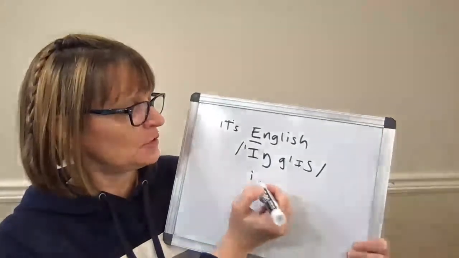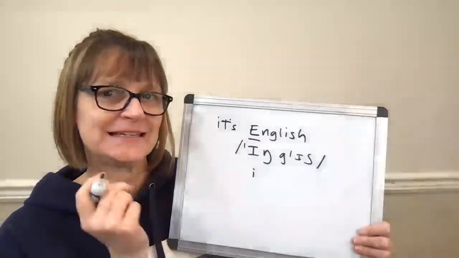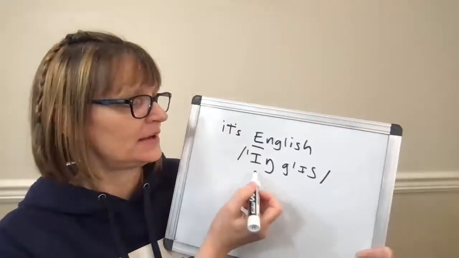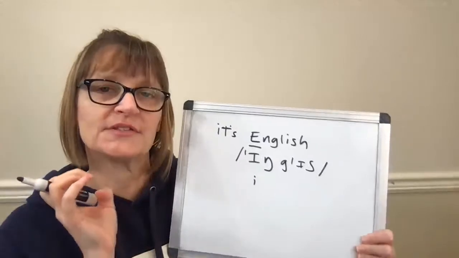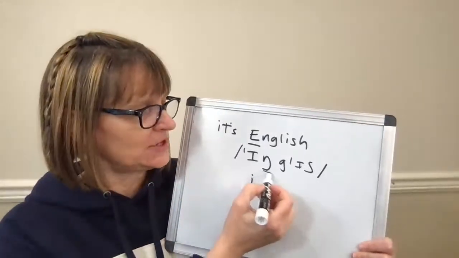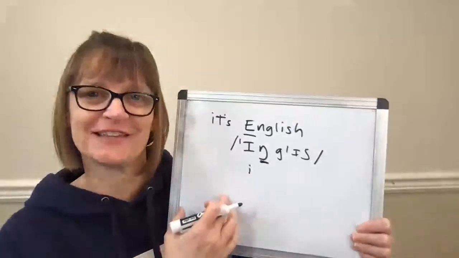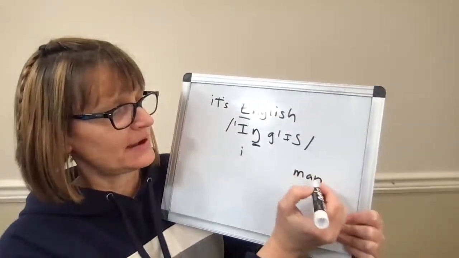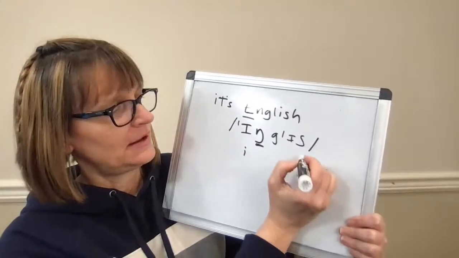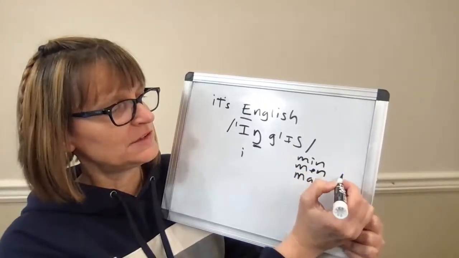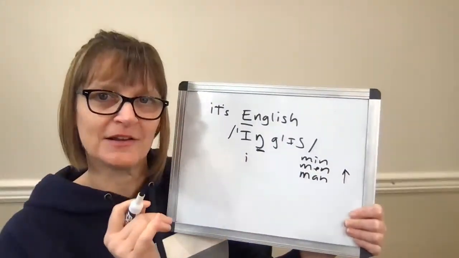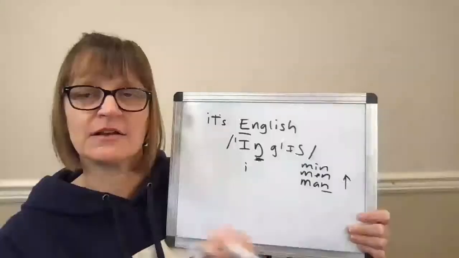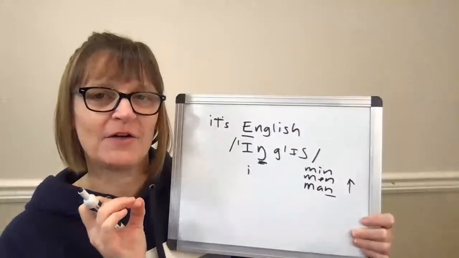So I definitely don't want to say "Eenglish." You can hear if I use an E, it doesn't sound right. But you can notice that the NG context influences how the I sounds. This is also true. We talk about words like man and men and min, that all of these vowels get a little bit raised up and a little bit nasalized because of the nasal consonant. So an NG or an N consonant will change your vowel sound a little bit.